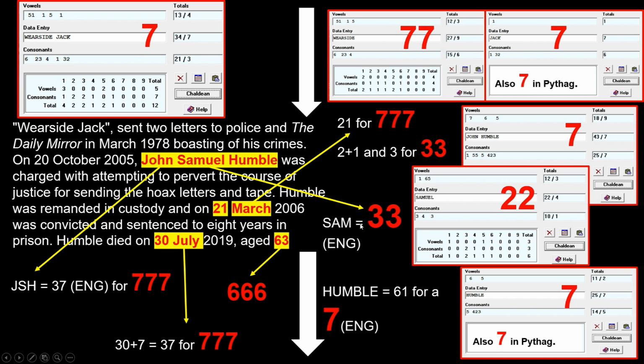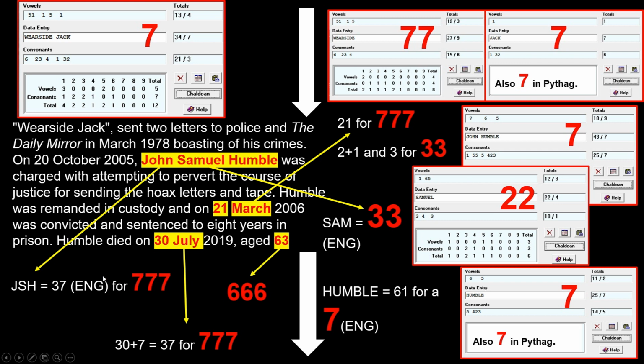Samuel, or Sam short for that. That adds up to 33. So very interesting. And Humble was remanded in custody on the 21st of March. So that's 21 for 777. And 2 plus 1 and a 3 for 3 and 3 for 33.